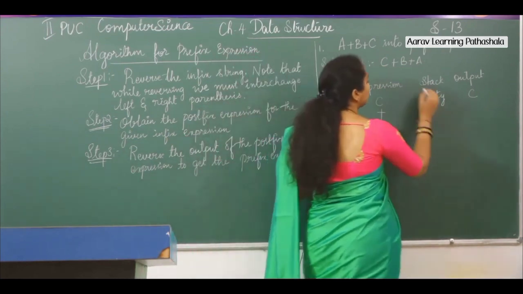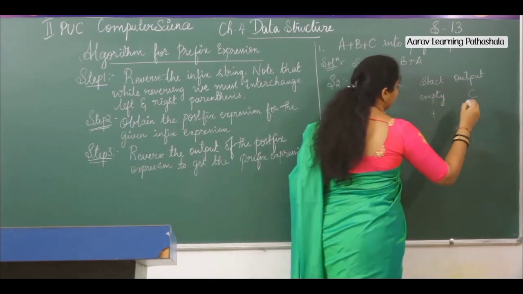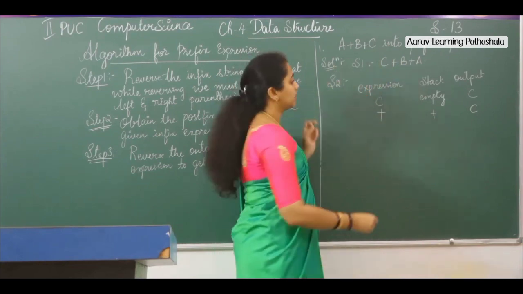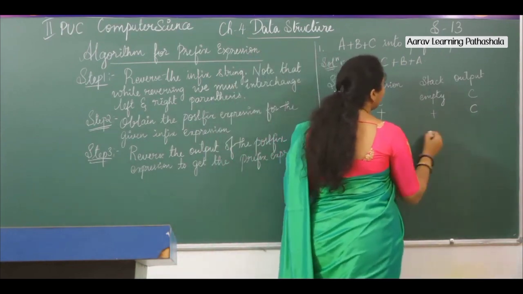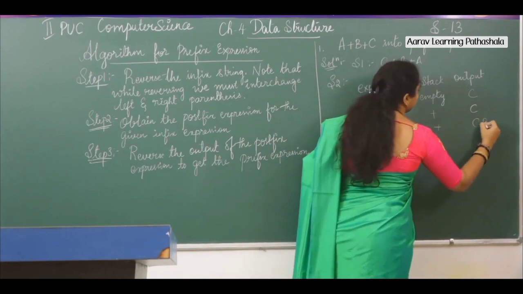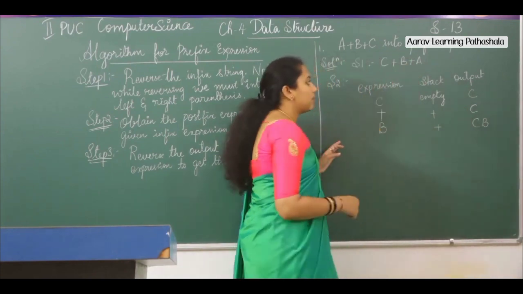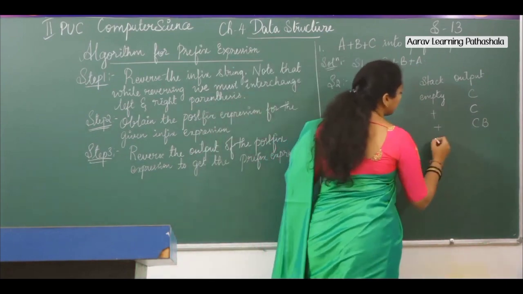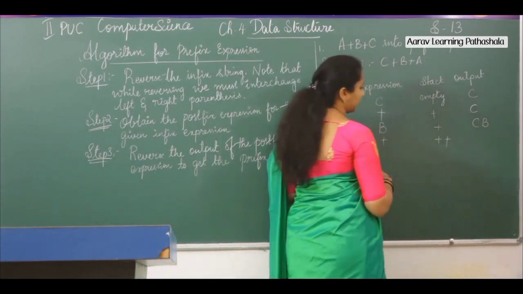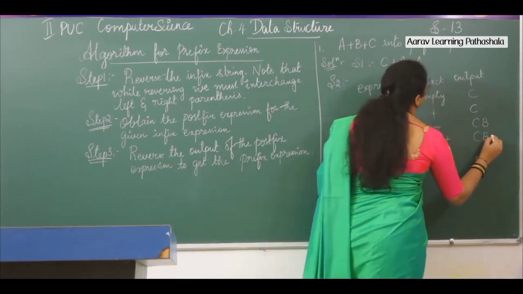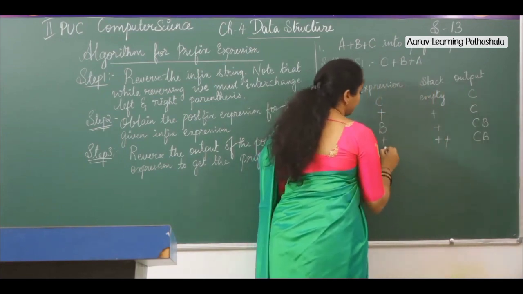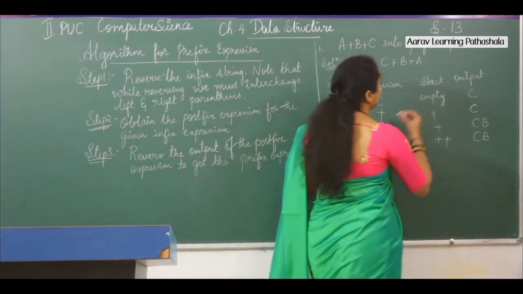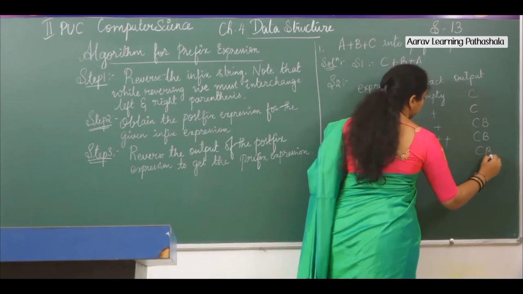So we are going to push it into the stack. Third element is an operand, that is B. We are going to output it. Next element is an operator, that is addition operator. We are going to push it into the stack. Next is an operand, that is A. We are going to output it.